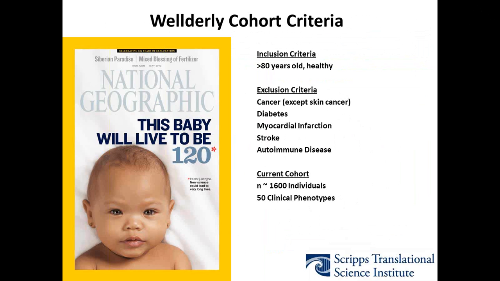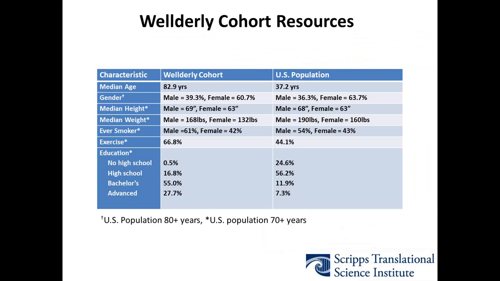I wouldn't say they've gone through a rigorous clinical screening at Scripps. That hasn't been done, but we have some information from their medical records anyways. So here's the breakdown of the cohort as compared to the U.S. population.